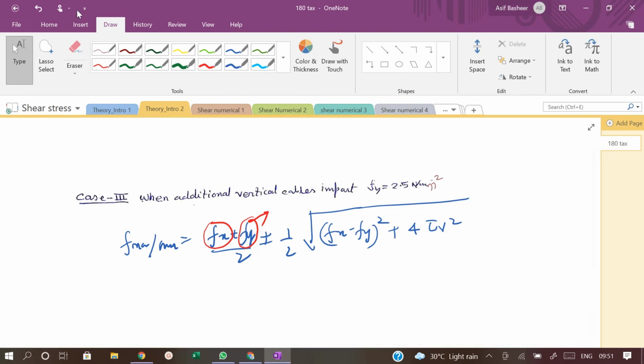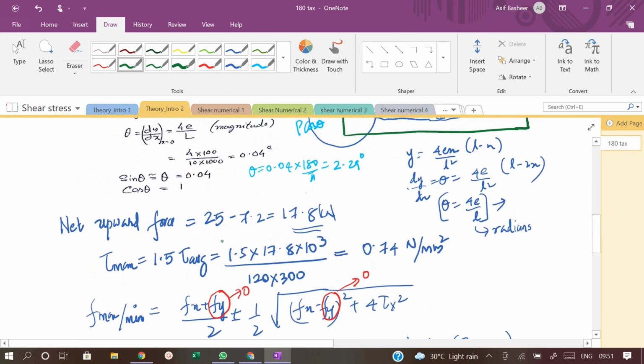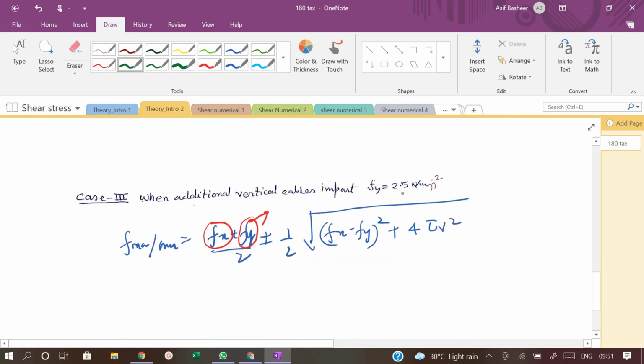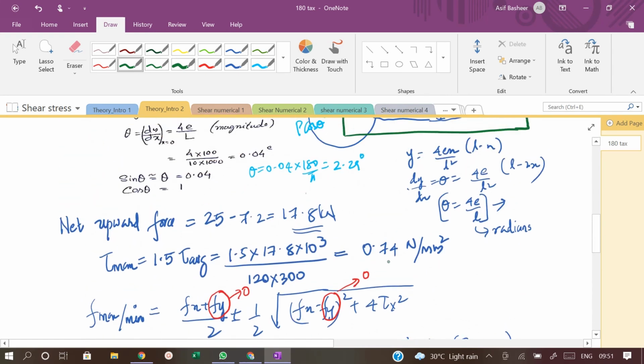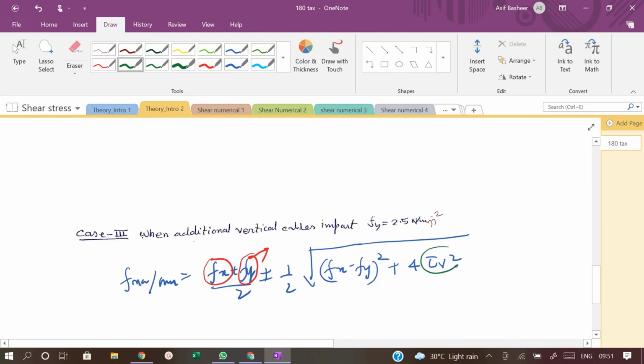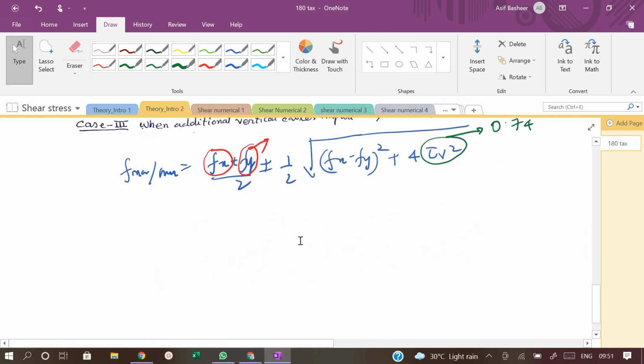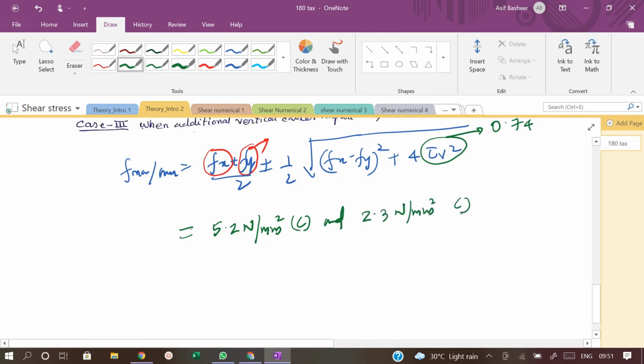Substituting Fx as 180 divided by the area of pre-stressing, Fy as 2.5 Newton per mm square, and tau v, which you have obtained as 0.74 Newton per mm square, you will get the value for F maximum as 5.2 Newton per mm square, that is compressive, and F minimum as 2.3 Newton per mm square, that is also compressive.